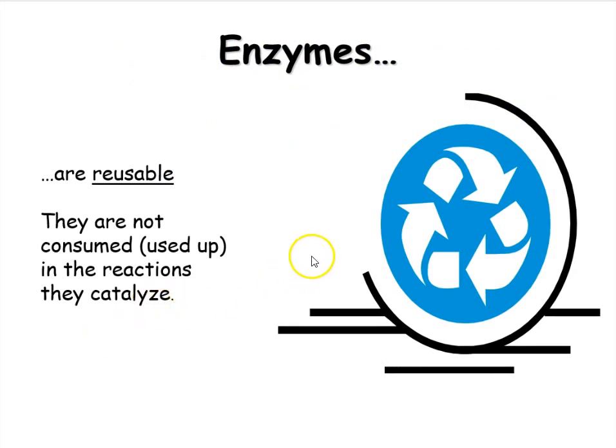Enzymes are reusable, so you can keep using them over and over and over again. If you remember our lab where we took our liver sample and we added the hydrogen peroxide, the liver had this enzyme called catalase, and when the hydrogen peroxide came to catalase, it was broken into two products. That was the water and the O2 gas.